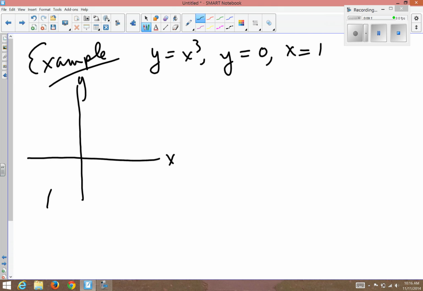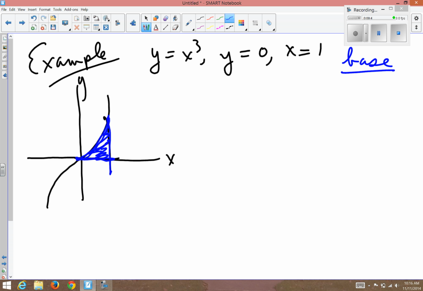Y equals x cubed, y equals 0, and x equals 1. 3 boundaries make sort of a triangle shape. This region outlined in blue is the base of a solid.